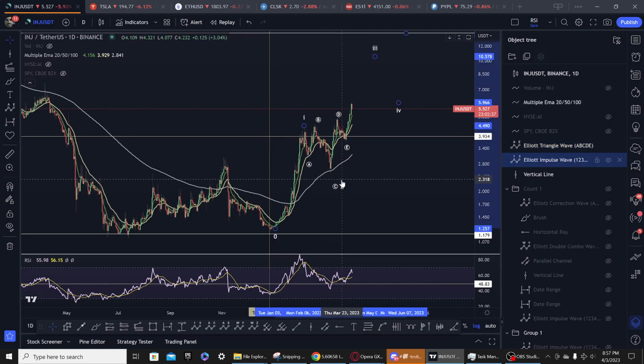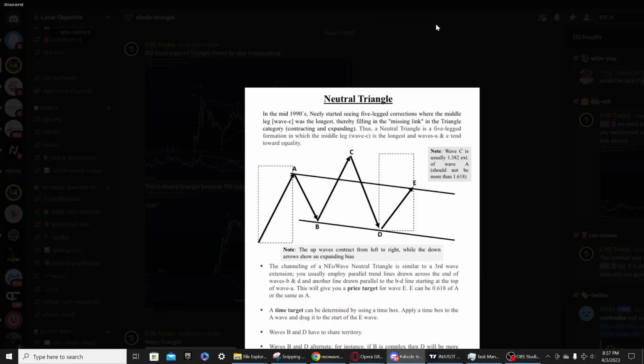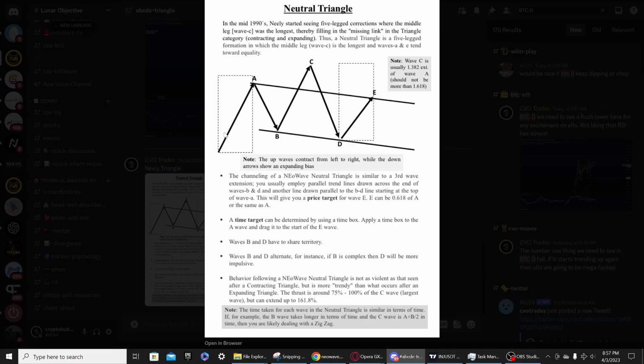Maybe this 1, 2. I'm not gonna lie, this looks a lot like a neutral triangle. Let me just pull up a picture. All right, so for example, this is a neutral triangle, right?